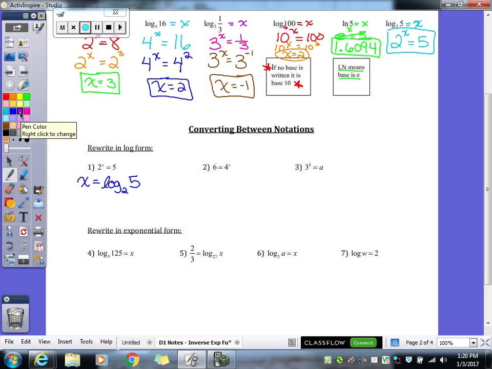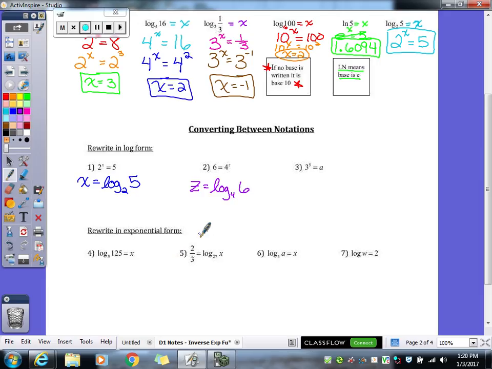How about for our second one? What's that going to start with? I always recommend starting with your exponent, so we're going to start with z equals. What's our base? Nope. Base is a 4, so it's going to be log base 4.